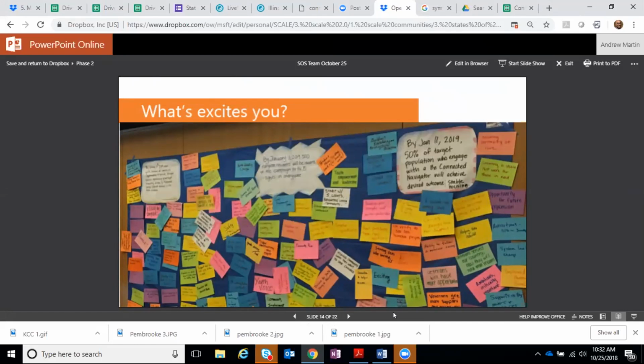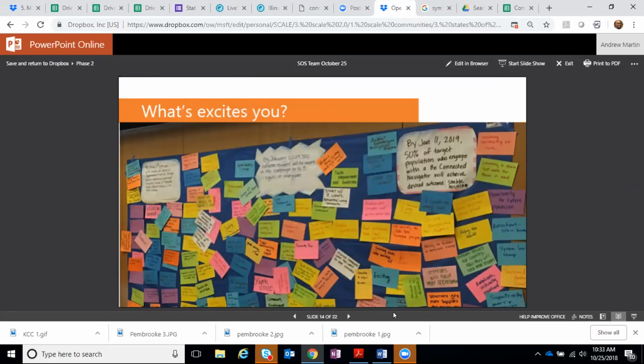And so by the end of the 2 days of convening, we had 3 groups with their SMART goals, their aims, a theory of change, and an action plan with specific tasks assigned to people for the next 100 days.